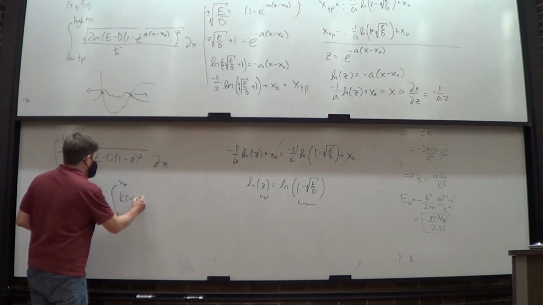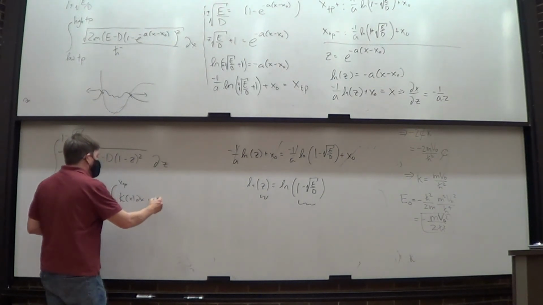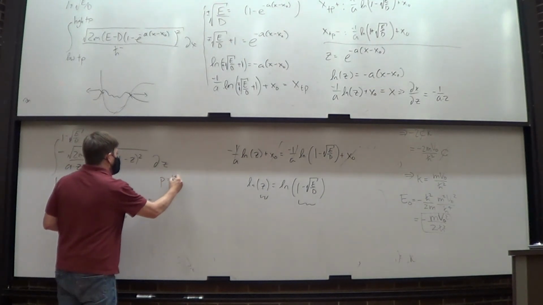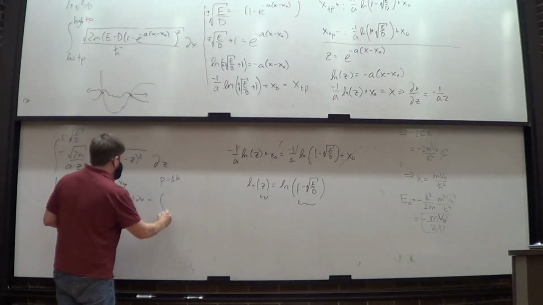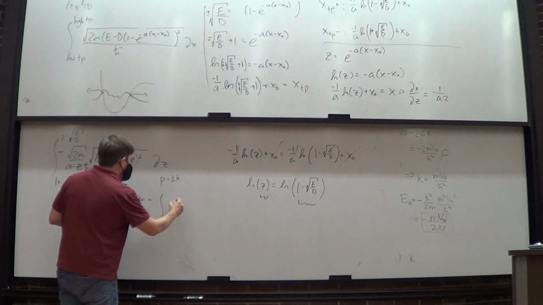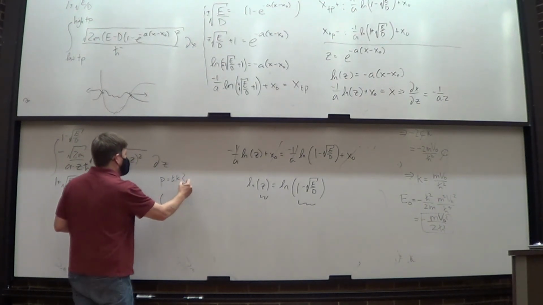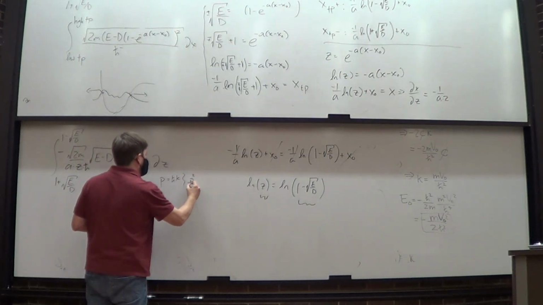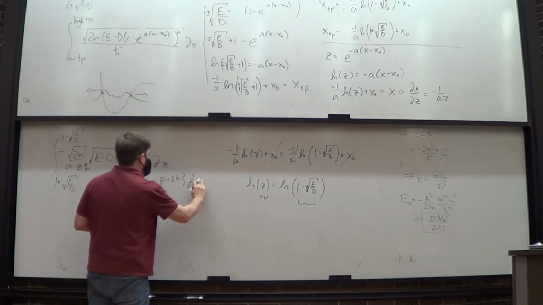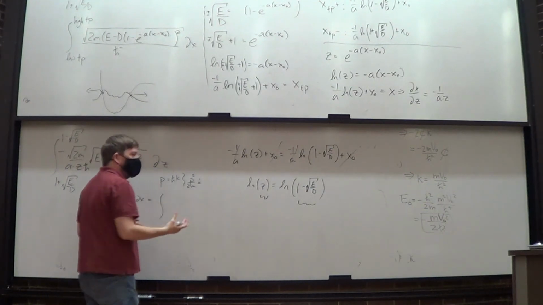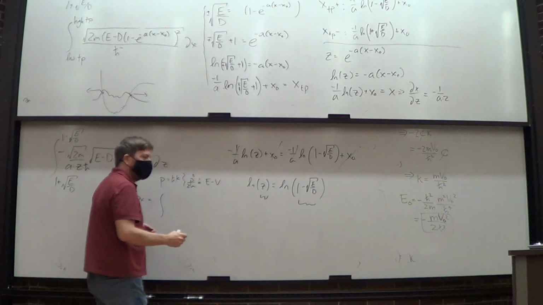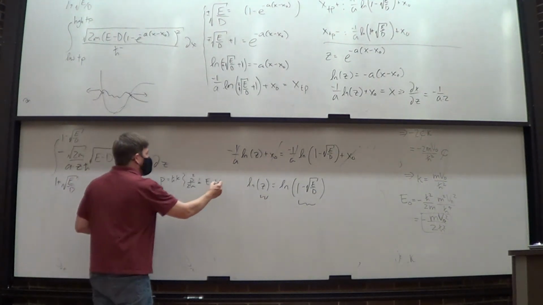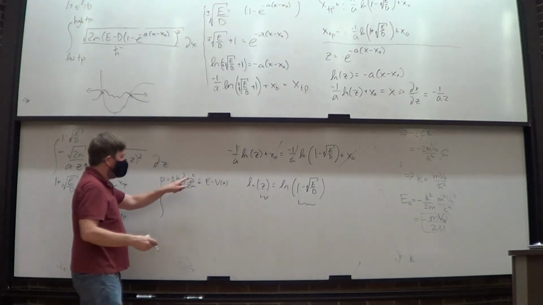P is h bar K, so P over h bar is K. P squared over 2m is equal to the energy available, and that would be E minus V, because kinetic energy is P squared over 2m.